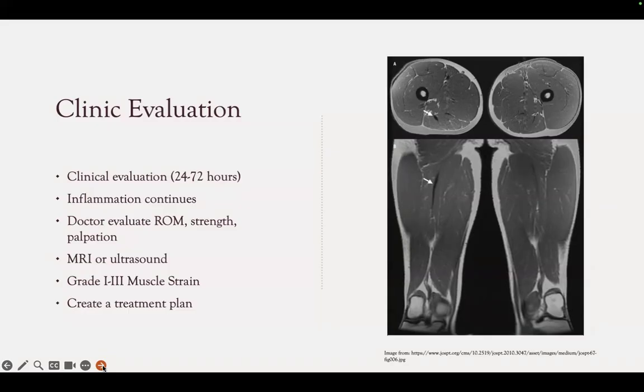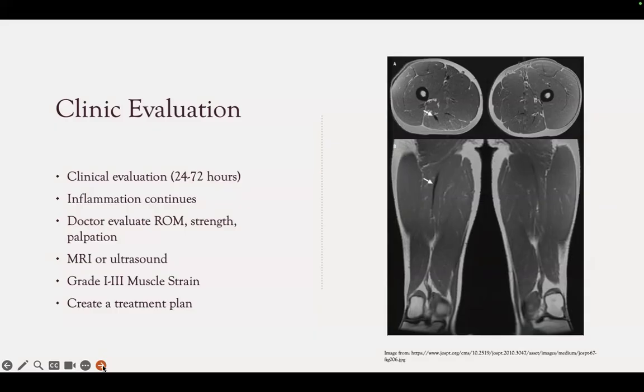The physician can also refer the athlete and order more imaging, such as ultrasound or MRI, to be able to visualize the injury better, to see how much of a muscle tear there is, and this can help assess if this is grade 1, 2, or 3 of the muscle strain.